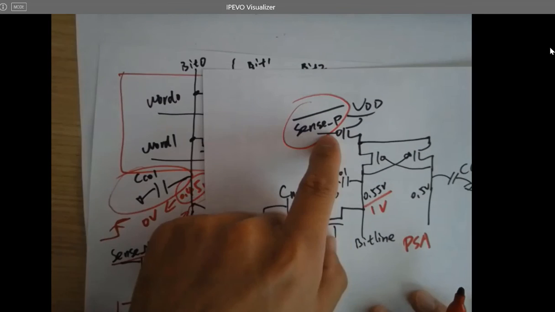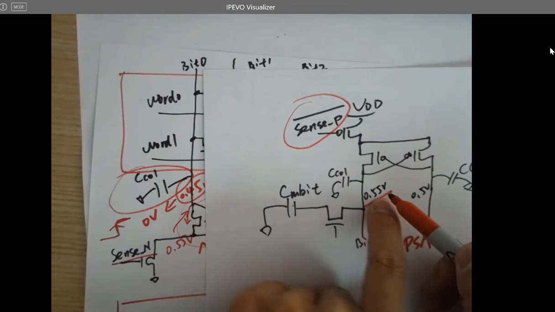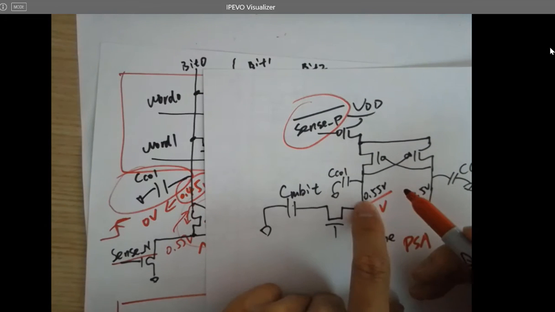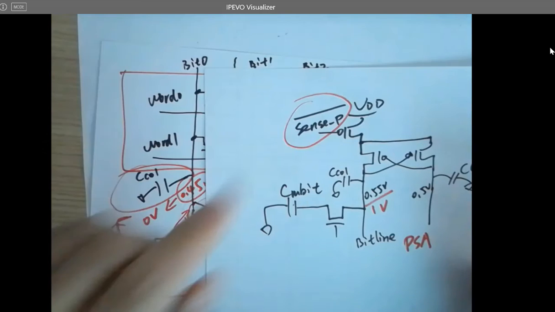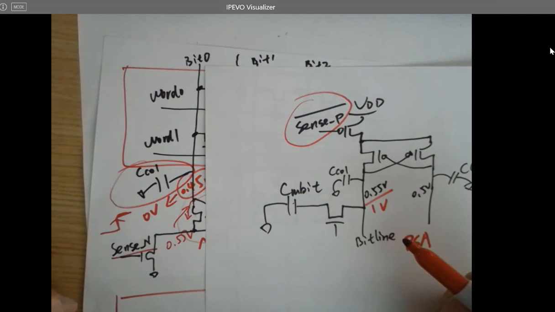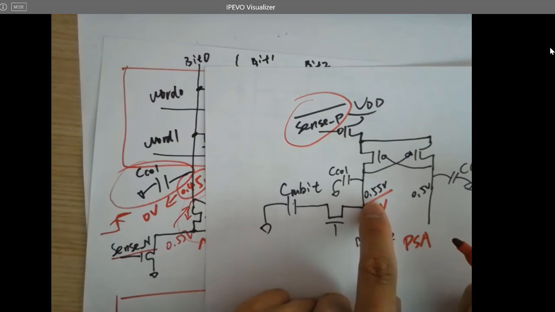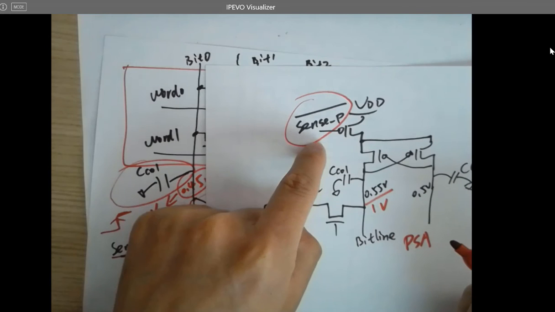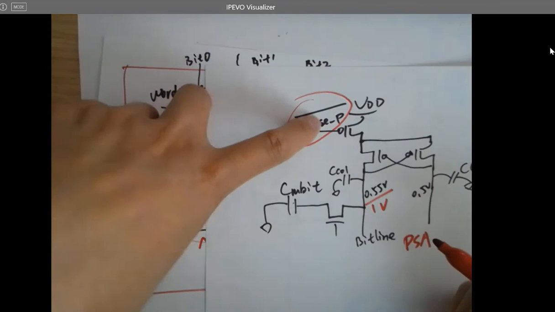Because if, for example, you have 0.55 volts here at the bit line, then you fire this one, it's going to be pulled up to VDD. And then you fire NMOS, it's not affecting anything. And if you have 0.45 volts here, you fire this one, it's not doing anything. Then you fire this one, it's going to be pulled down to the ground. You're still reading zeros. You have to do both.